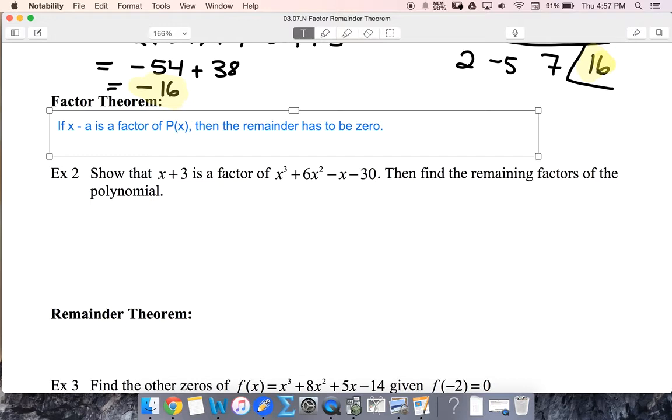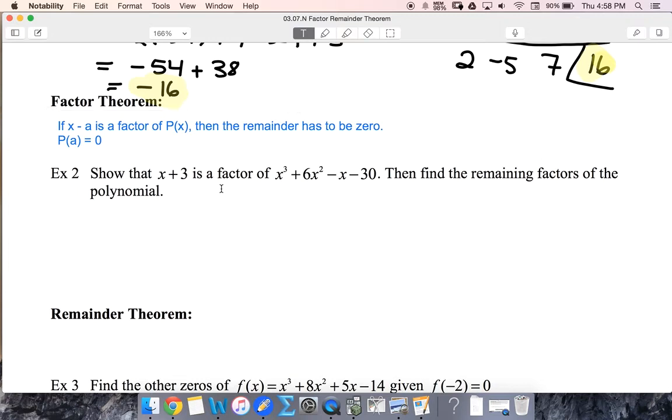So in other words, p of a would be equal to 0. Here, a would be my root, so the remainder has to be 0. If we evaluate, we get 0.